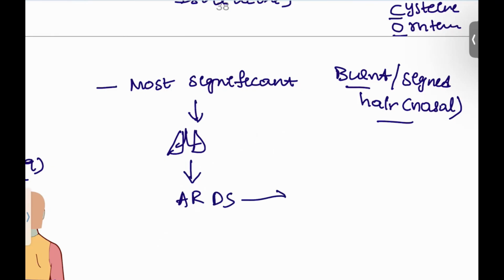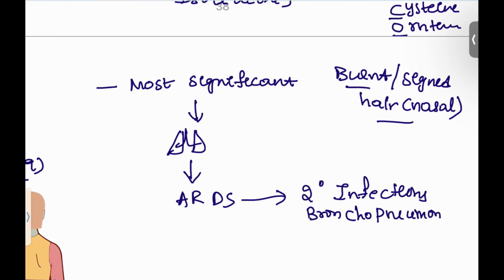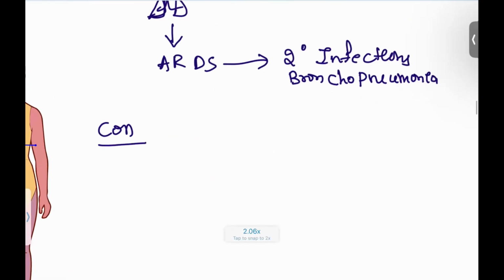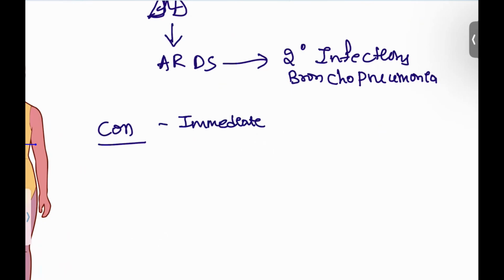And if it progresses, the patient will have secondary infections. So bronchopneumonia can be possible in these situations. That is why the patient will have mortality with respiratory compromise only. But if you divide the cause of death in this patient: if the patient is brought to the hospital and dies within hours, that is most likely due to asphyxia only.